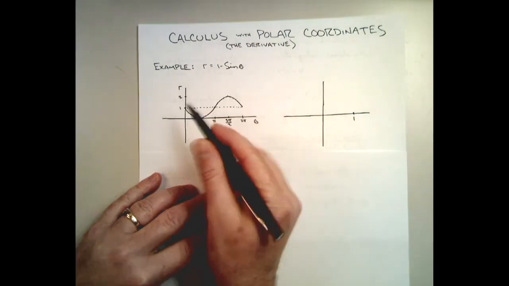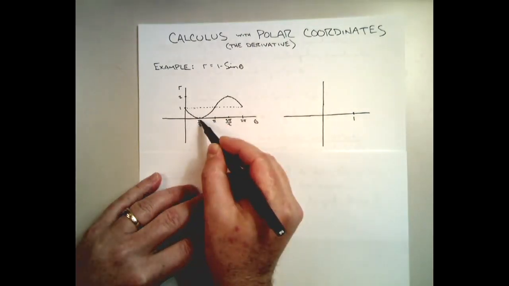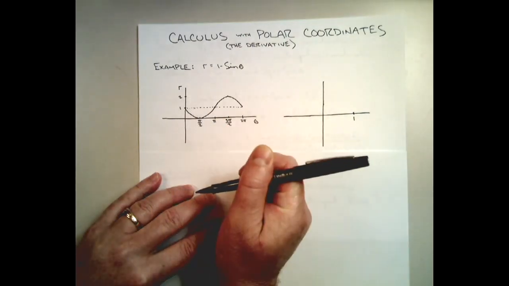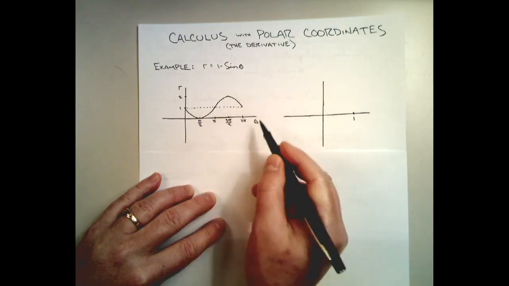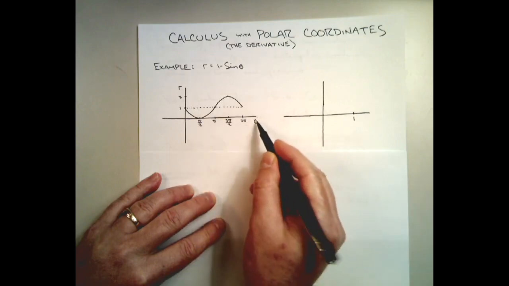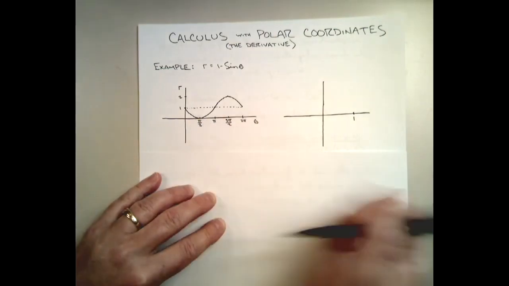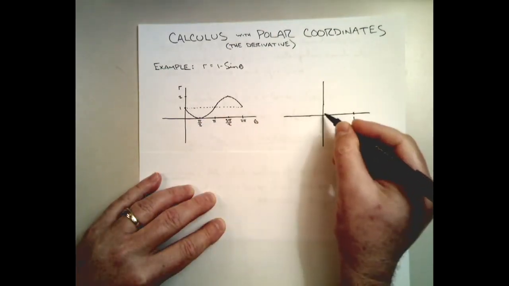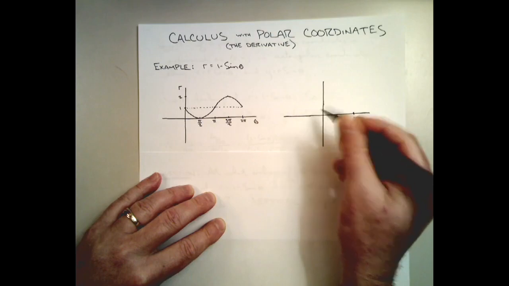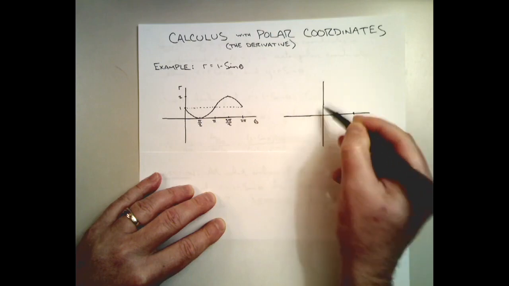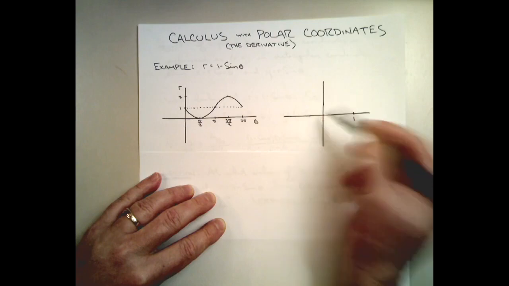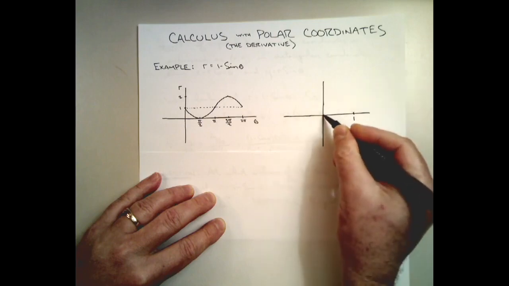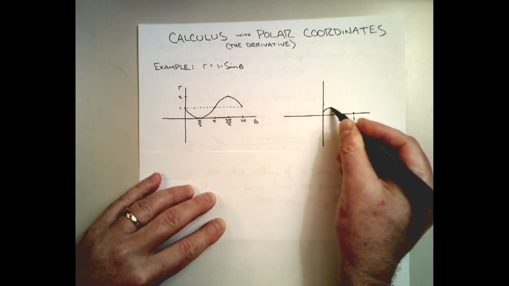And then, as θ moves toward π/2, r is moving towards 0. So we're heading toward the pole, and by the time we get to π/2, we're going to be at 0. And keep in mind, that means that the π/2 line is going to be tangent to our graph. So it's going to look a little bit like this, perhaps.